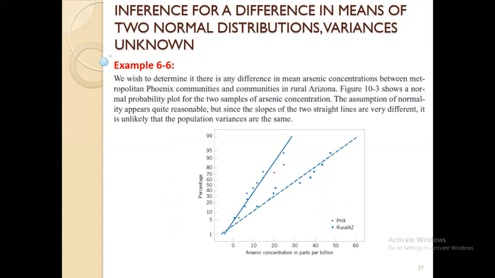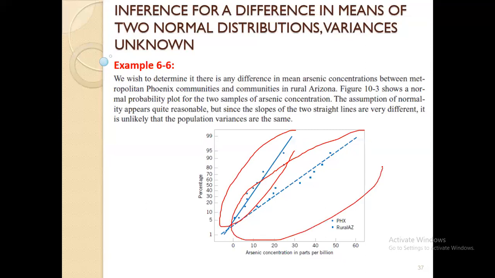Right, also if we don't know whether the sigma is equal or not, sometimes you can plot the normal plot. I will talk to you about the normal plot, how to plot, already. This is the normal plot of these two data. It has different slopes. It indicates different sigma.